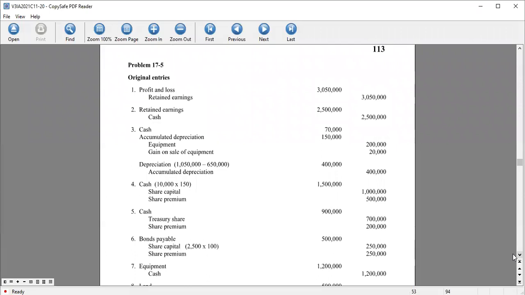Okay, so when we talk about statement of cash flows, we mean either the direct or the indirect method. With the direct method, we are following the cash basis of accounting since we involve collections and payments. On the other hand, the indirect method is related to the accrual basis of accounting.